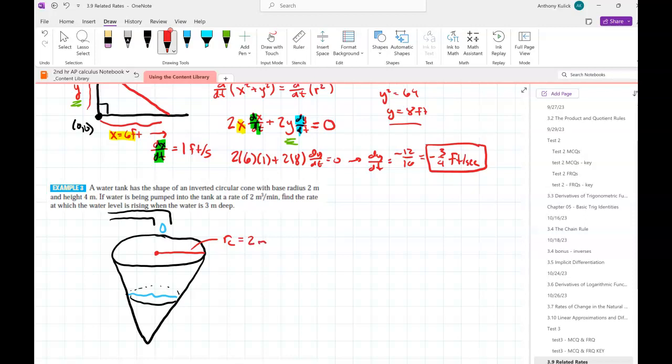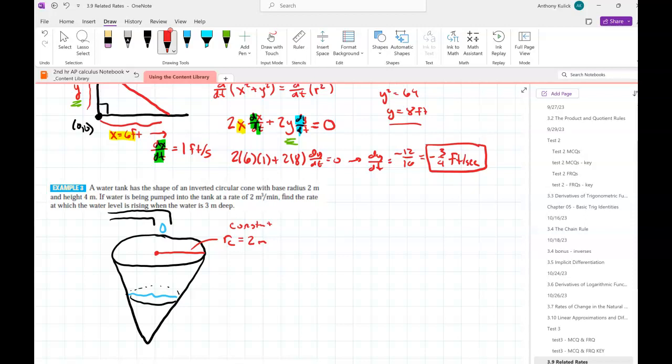I'm going to call that R subscript C for the radius of the cone, because we're also going to have a radius at the water level, so I want to make sure I'm differentiating that. Now, this radius of the cone is a constant, as opposed to the radius at the water level, which is going to be changing with time. That'll be a variable.